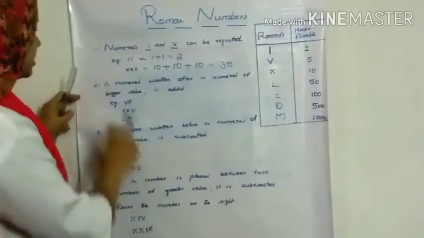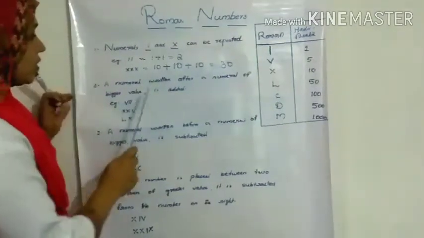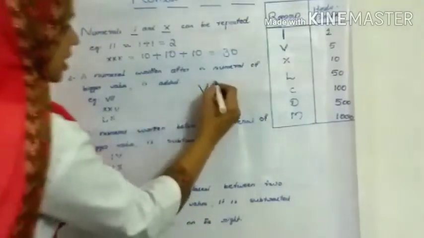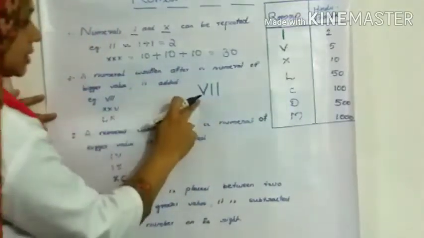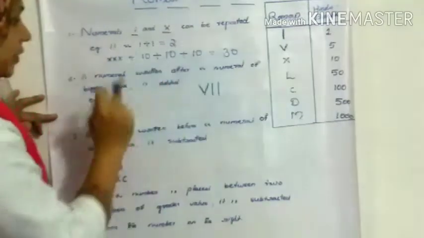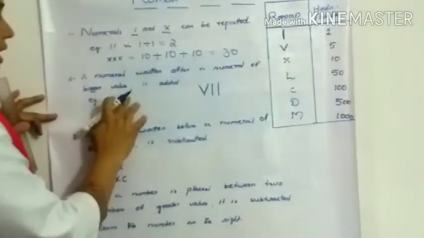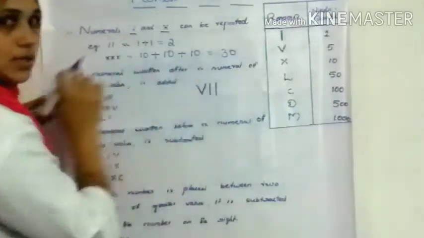The next rule is a numeral written after a numeral of bigger value is added. This one is V, the representation of 5, and this is I, the representation of 1. This one is bigger and this one is smaller.